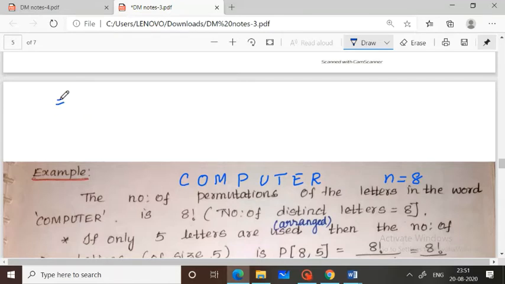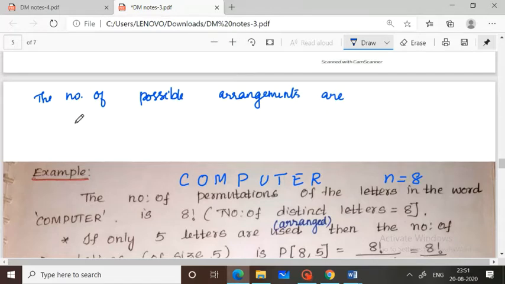The number of possible arrangements: the first position has to be filled in 8 ways. I have 8 positions, 1, 2, 3, 4, 5, 6, 7, 8, and I have to fill them. The first position has to be filled in 8 ways.